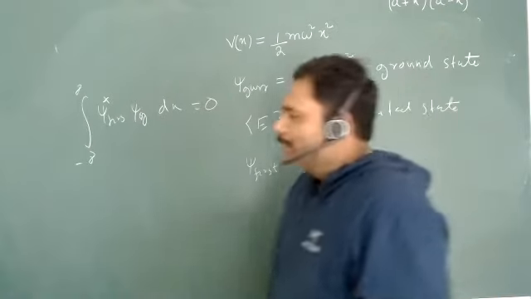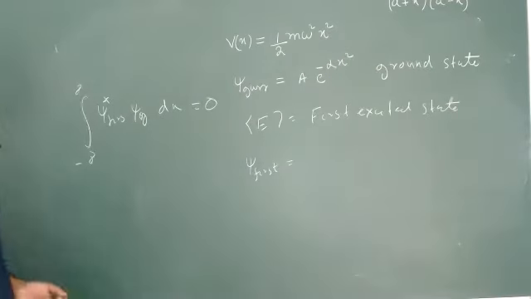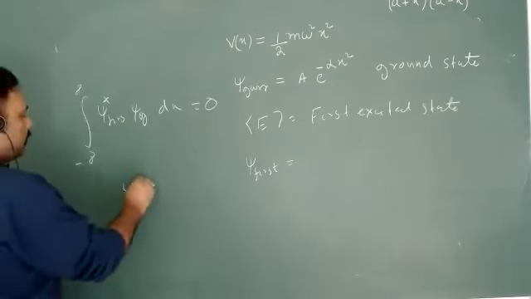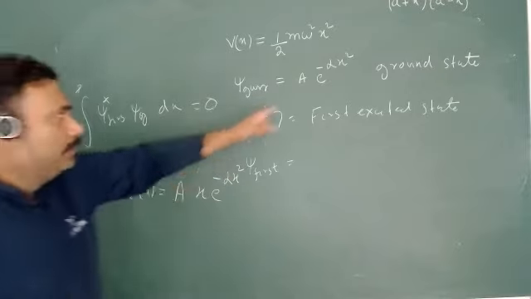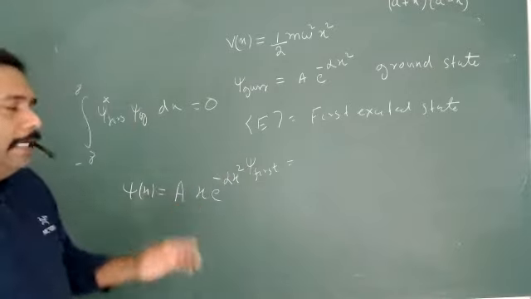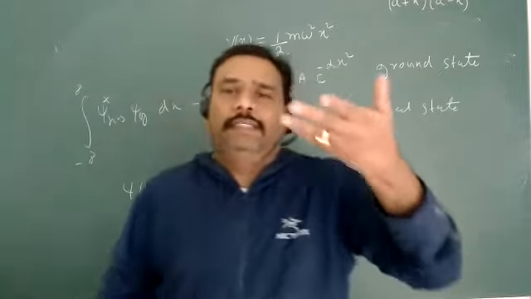And we have the intuition that if I take this wave function, psi x is equal to, let's say, some a x e to the power minus alpha x square, because this should be an odd function. If the ground state is even, then the first excited state must be odd.